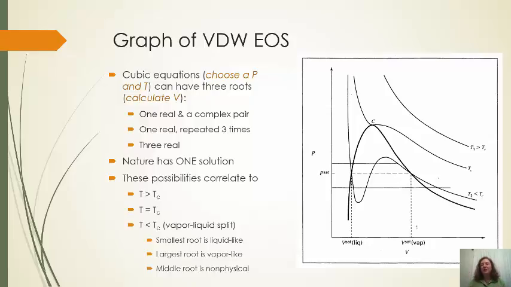When I have 3 roots, the small one will be my liquid-like answer, my large one will be my vapor-like answer, and the middle root will be just non-physical garbage. In fact, for this particular temperature, nature would come down and it would split and go over to forming a vapor and then continue this way. Nature would never do this wiggle.